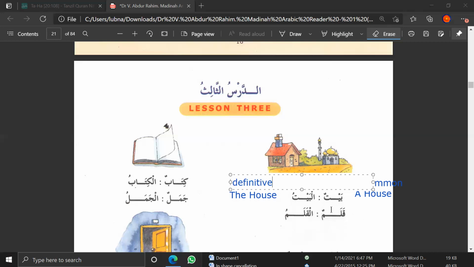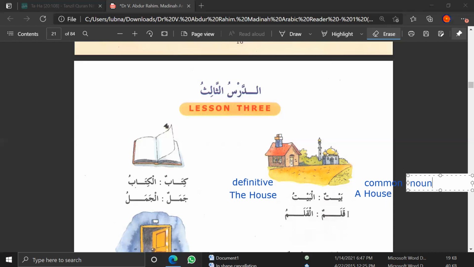So baitun is a house, a common noun. This tanween also tells me that it's common and it's one. And with al, al-baitu becomes the house, so it's definitive.